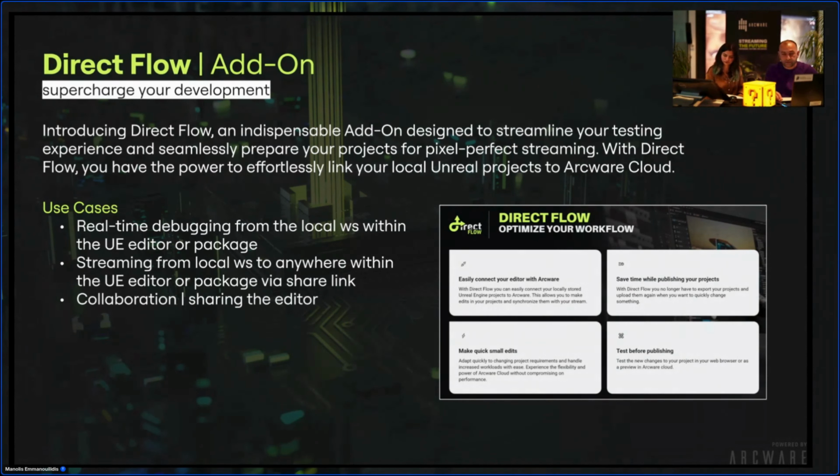They do their streams, 1 to 10, maximum 20 stream sessions per month, and they do this one-to-one. So with Direct Flow, you can stream from your local office workstation, even a package, and stream it wherever you want, one-to-one, without burning streaming minutes. That's also one of the use cases, and it's interesting.